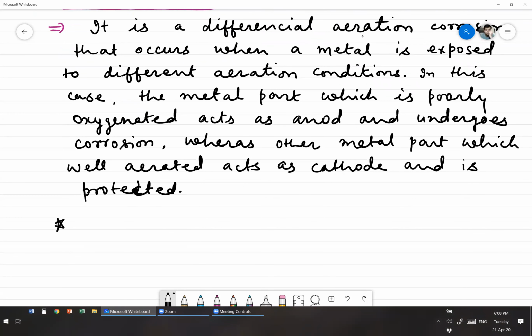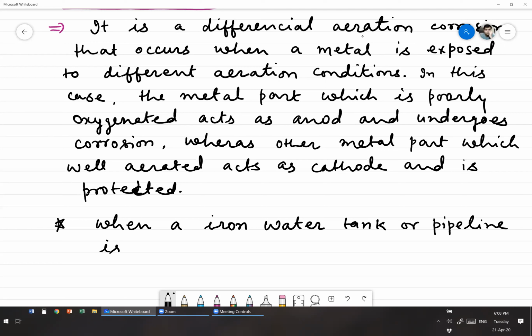when an iron water tank or pipeline is partially filled with water.